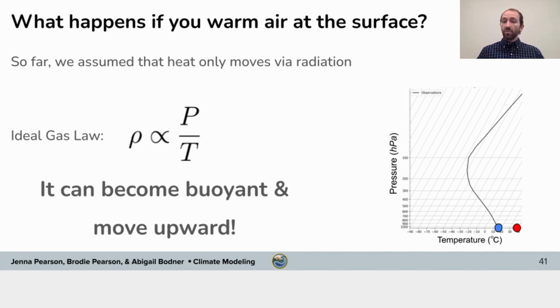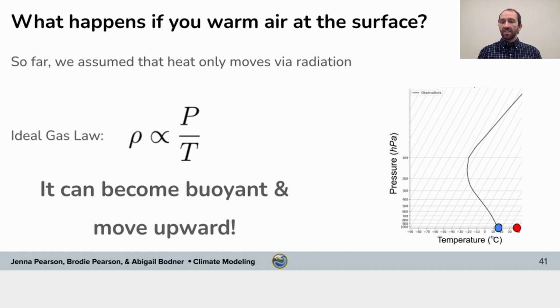In that case, where the density of a surface air parcel decreases enough that it wants to rise into the denser air above, we say it becomes buoyant and it moves upwards. And so this movement is actually a very important process for moving heat around vertically in the atmosphere. We're going to talk about that a little bit more in a second.